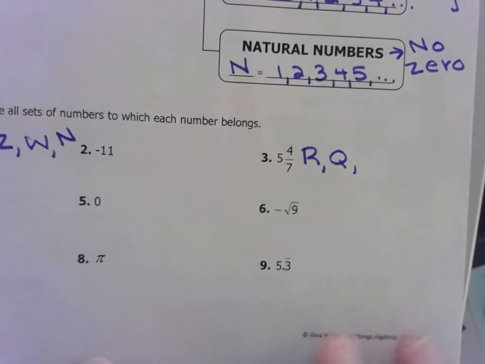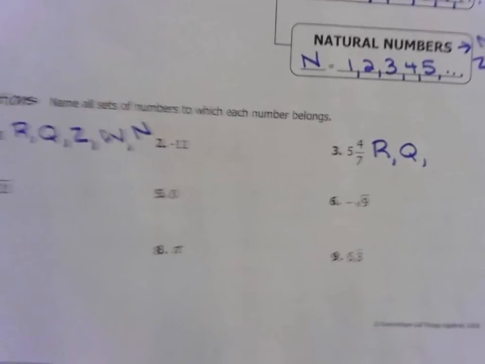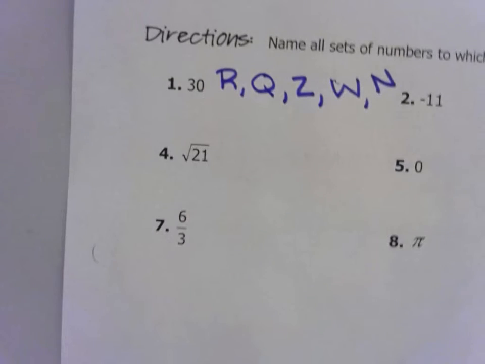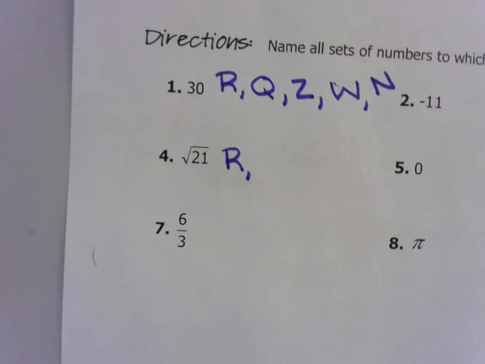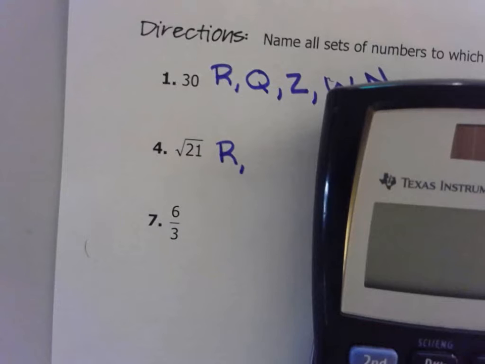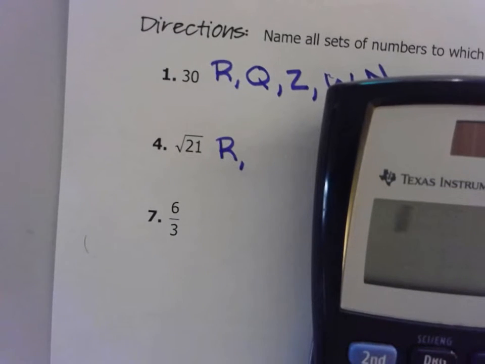Let's look at 4. If I look at 4, square root of 21. I know it's real, and then I have to decide between irrational and rational. Now, not every square root is irrational. How do I tell whether a square root is irrational or rational? Yeah, plug it in. Is 21 a perfect square?